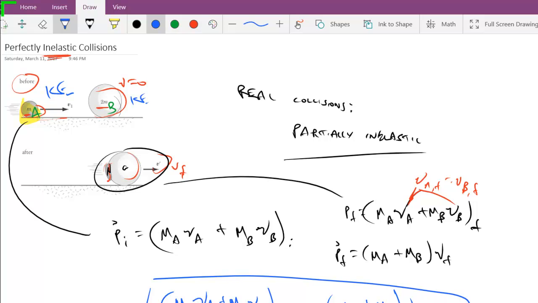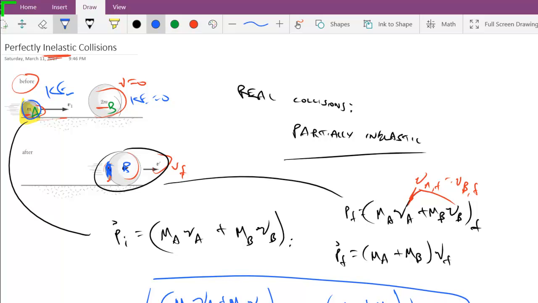When the clay mass, mass A, collided with this other mass, mass B, in order for it to stick to it, it needed to deform. And there's probably some sound made as well, right? So when this deformed, there was some heat generated and some mechanical energy which was consumed in the process of that collision in order to deform the clay.